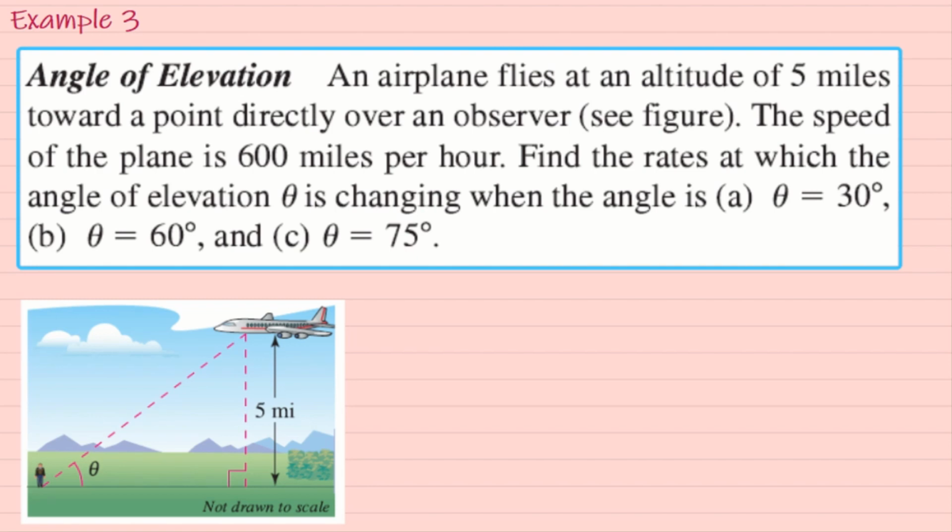So using the illustration given, let us label the point directly over the observer and along the path of the plane as point A. Now, from point A to the plane, let us use x to represent the distance between point A and the plane.